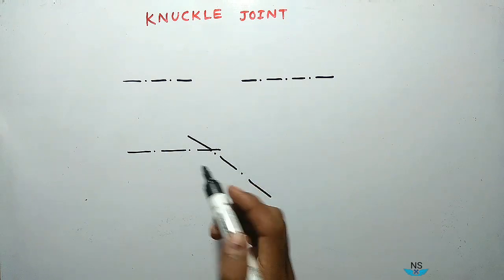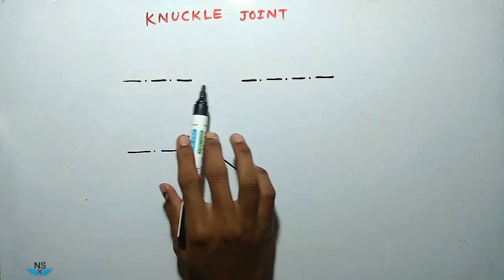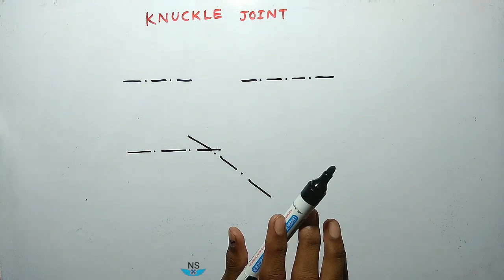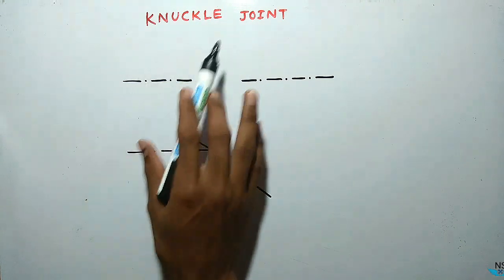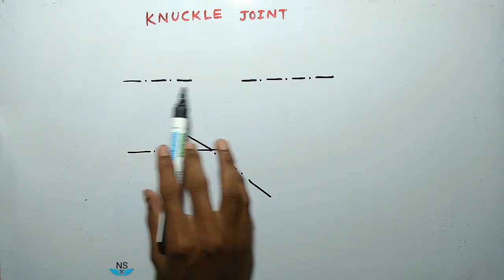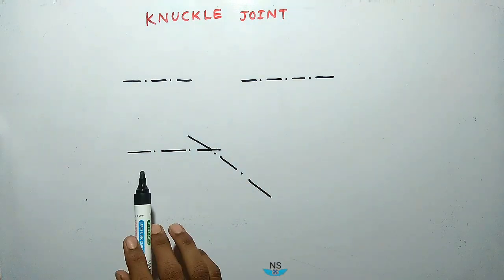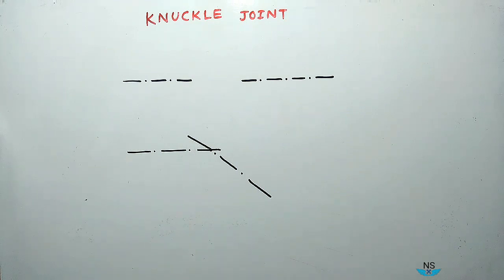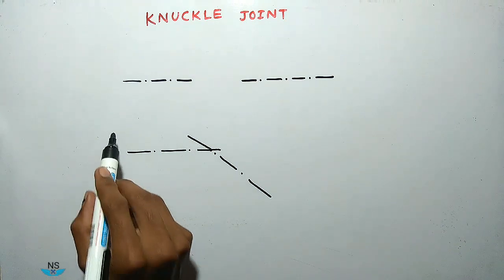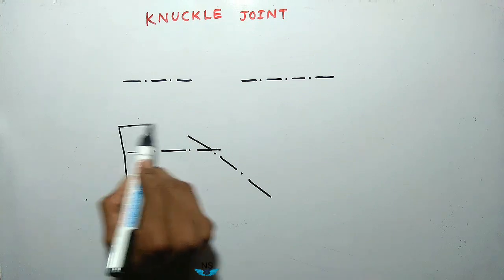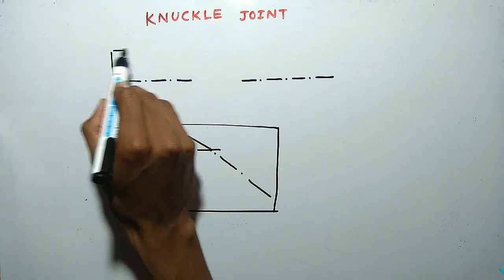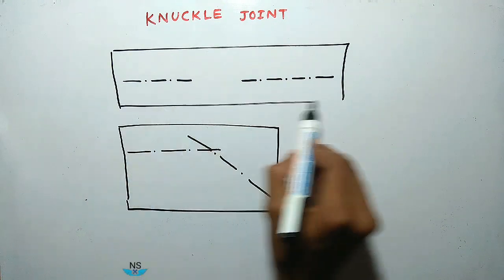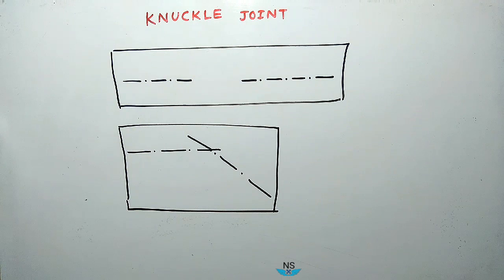In quarter joint the axes coincide with each other, but knuckle joint is used in two cases, where axes coincide with each other and axes intersect with each other, but both the axes lie in one plane. Then only the knuckle joint is used.